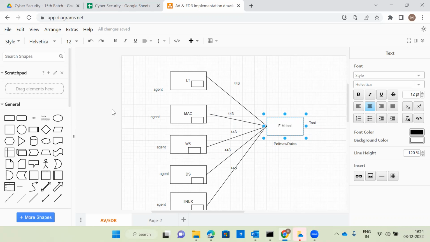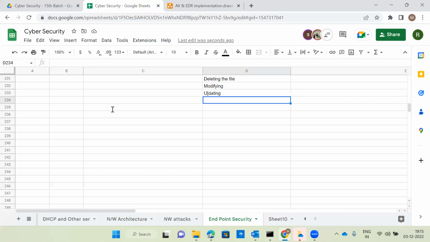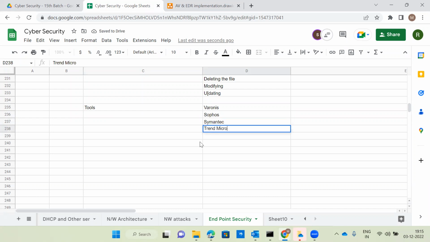Now, what are the different types of tools we have? Right now, number one in the market, Varonis. It's one of the file integrity monitoring tools. And Sophos has inbuilt capability; the Sophos EDR tool has file integrity monitoring checks also. And Symantec, Trend Micro, McAfee. Next one is CrowdStrike.